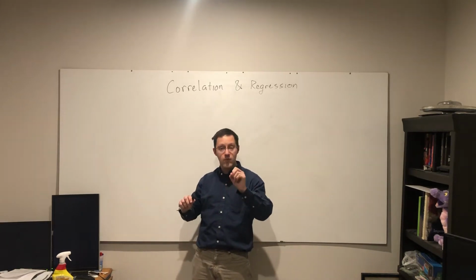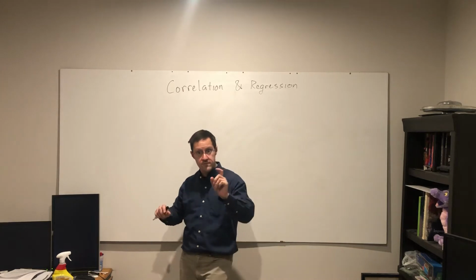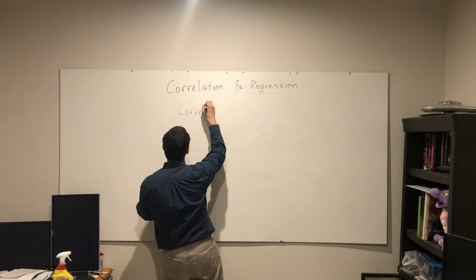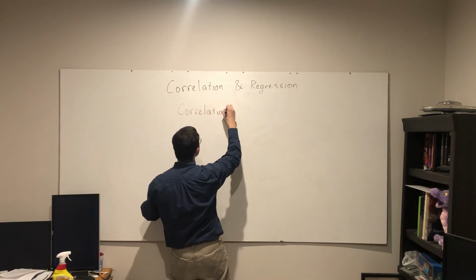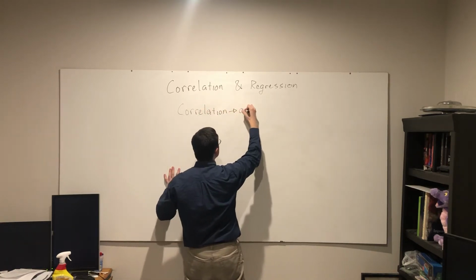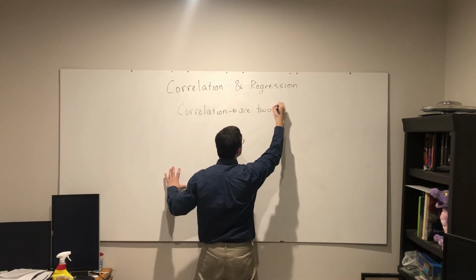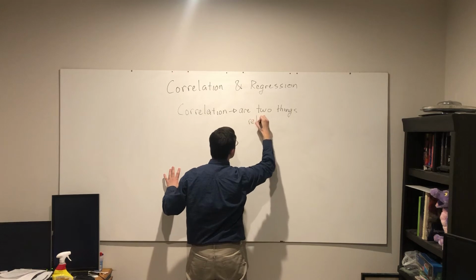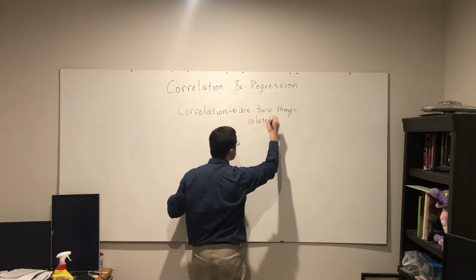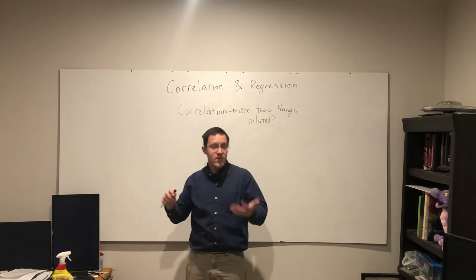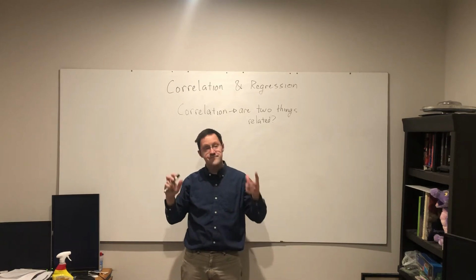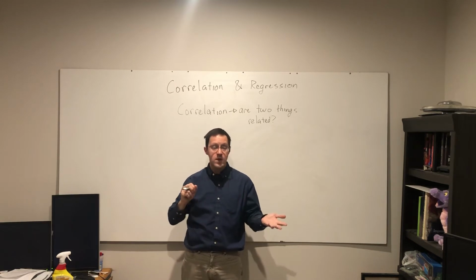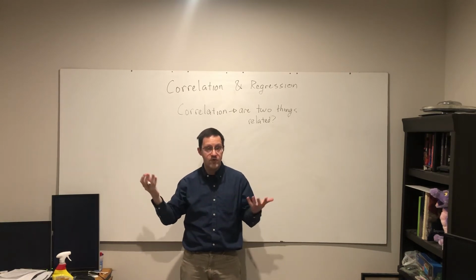And that's just looking at the relationship between two things. So are two things related? Things like as one goes up, the other goes down. Or as one goes up, the other also goes up.